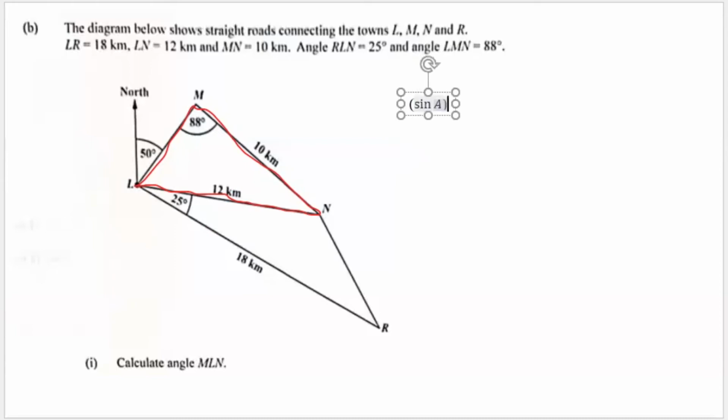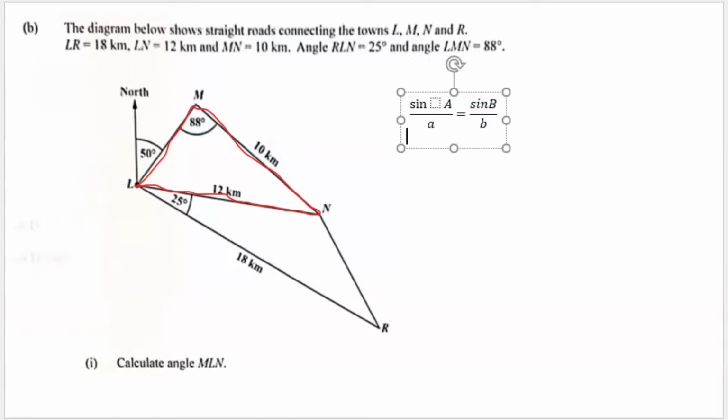sine A being divided by the length you can use as A is equal to sine B being divided by B. So A and B are the two lengths basically.